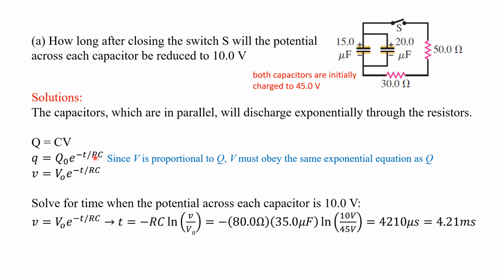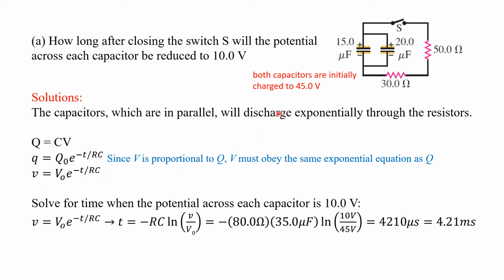That is, we can just change this one with your V, small v, and then your V naught. So you have your V that's equal to V naught E to the negative T over RC.